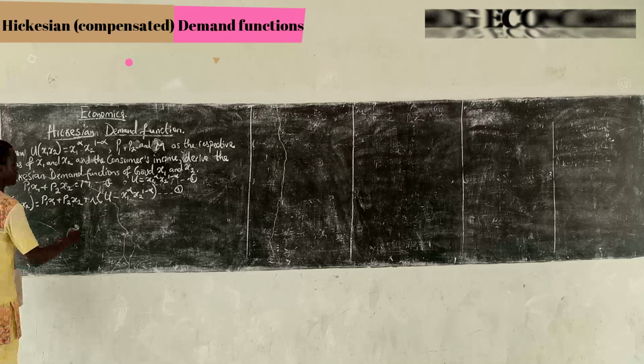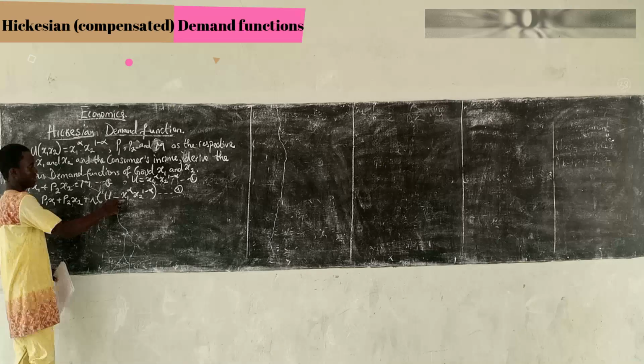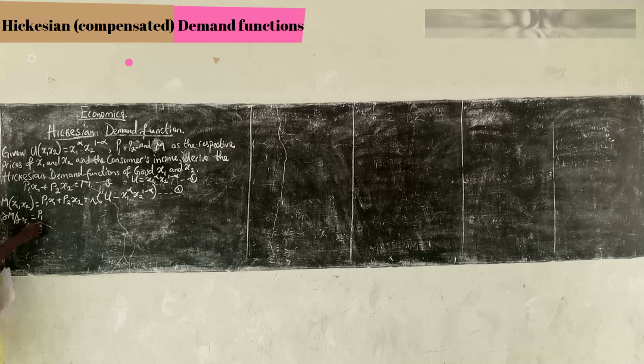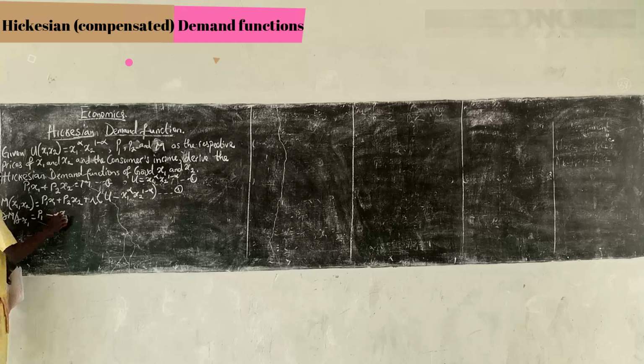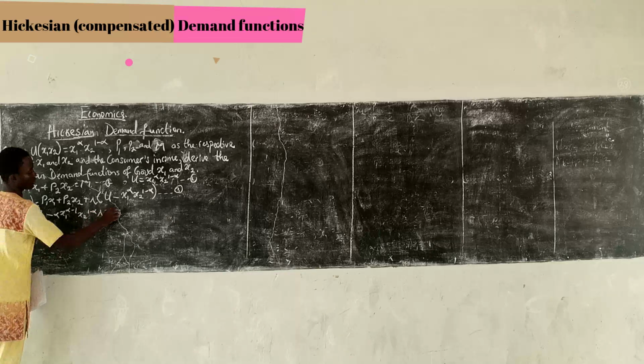So from here, finding the partial derivative with respect to x1 will be equal to p1. That's all you're done with this side. Then where's x1 here? So if you're having p1, there's a minus, times alpha x1 alpha minus 1, x2 1 minus alpha, lambda. So this is equation 4.